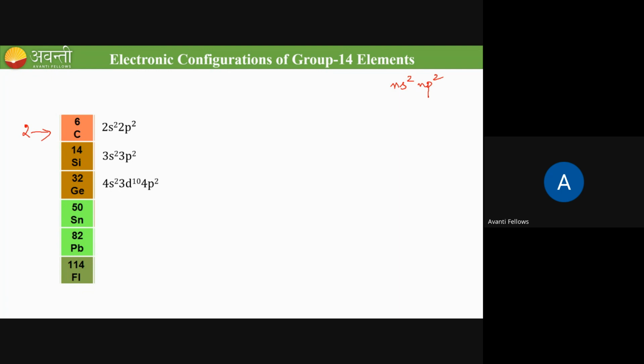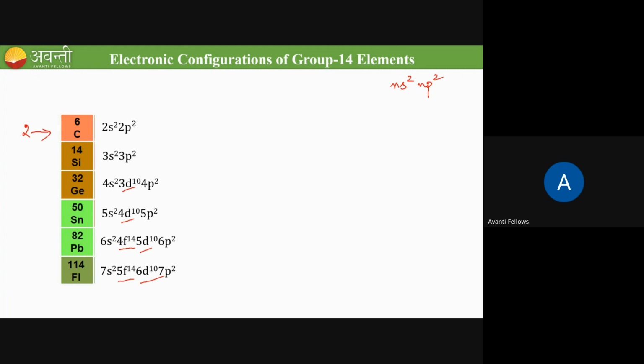Then coming to tin, 5s2 4d10 5p2. Coming to lead, we have both 5d and 4f orbitals. So 6s2 6p2 is there, and in between, 4f14 and 5d10 are also present. In the same way, flerovium also contains f and d orbitals: 7s2 5f14 6d10 7p2.